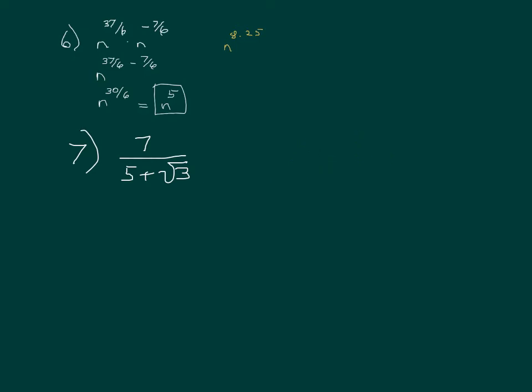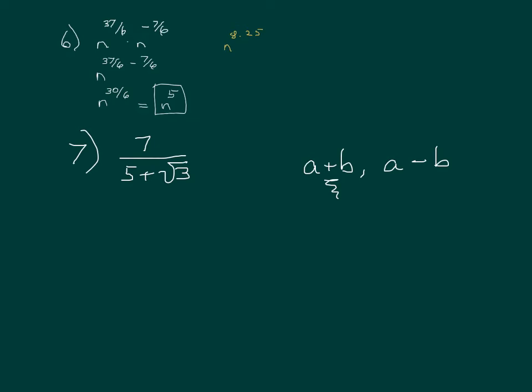In this case, we need to do something called multiplying by the complex conjugate, or the conjugate. And the conjugate of something is this. If you have a plus b, the conjugate is a minus b. So you have to have a plus in order to do that. Well, not really.